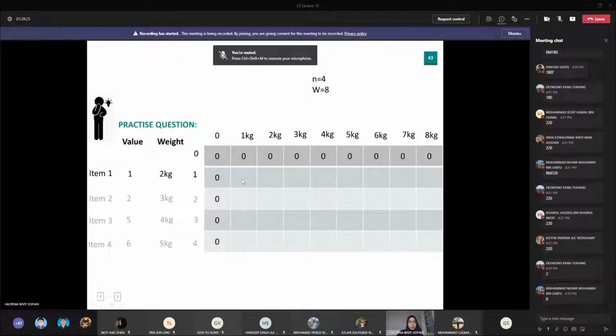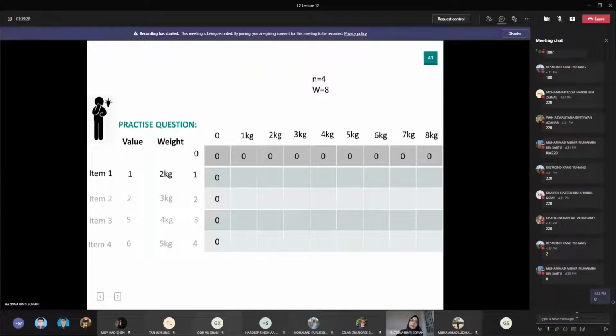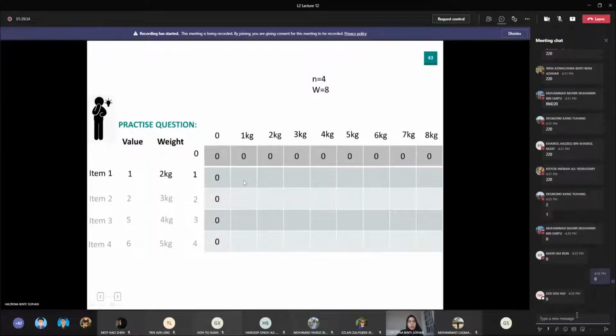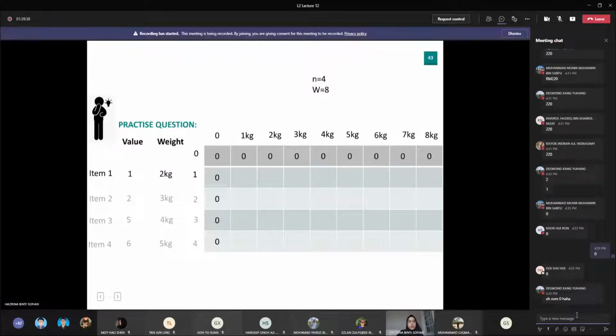Desmond said 1. Mona said 0. 0, 0. Decimal also said 0. Okay, it will be 0 because at capacity of 1 kg, we couldn't even fit item number 1.